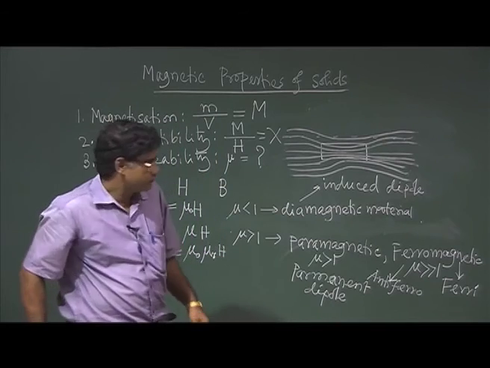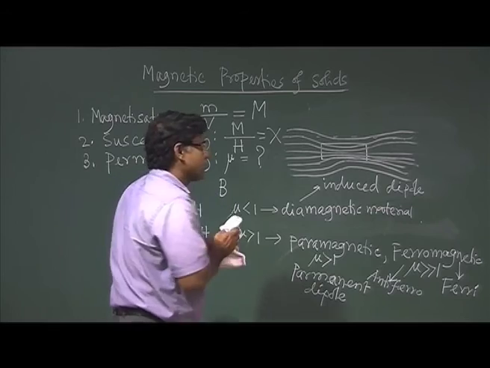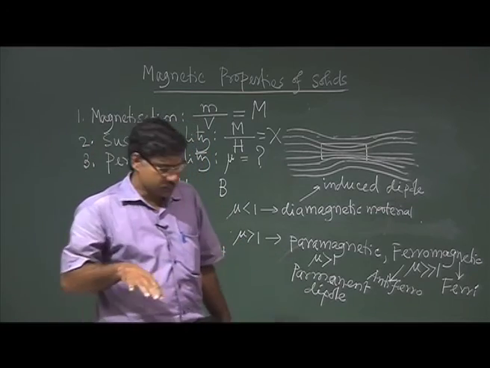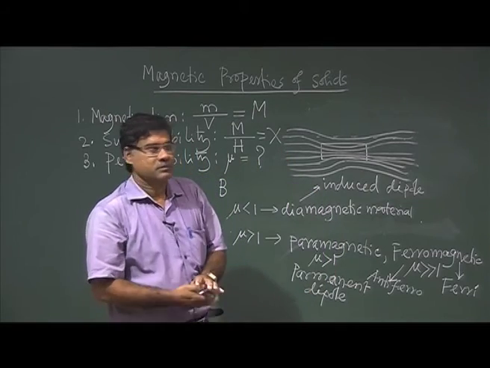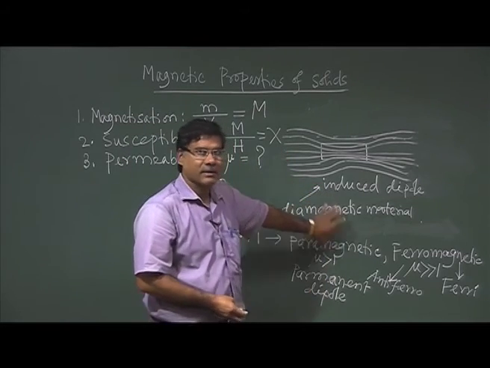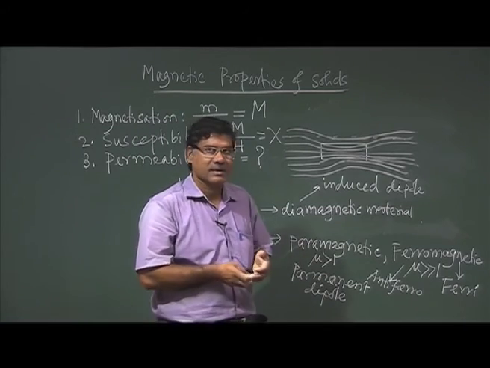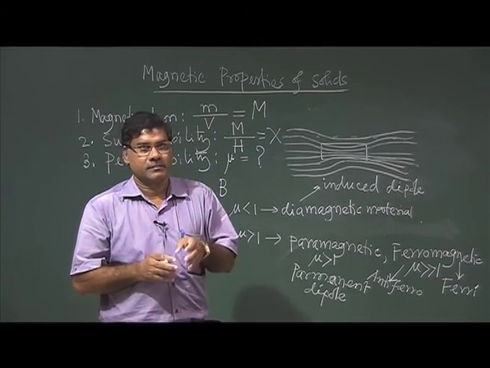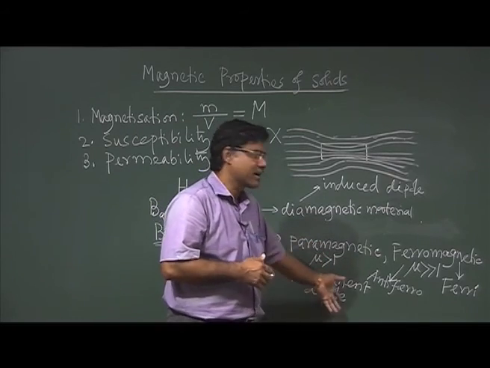So, now these materials are classified into two categories. One is based on the induced dipole moment, that is the diamagnetic property, and another is based on the permanent dipole moment.